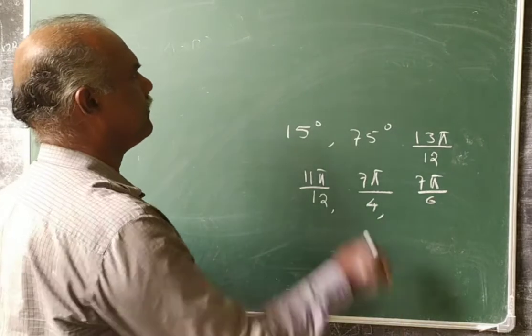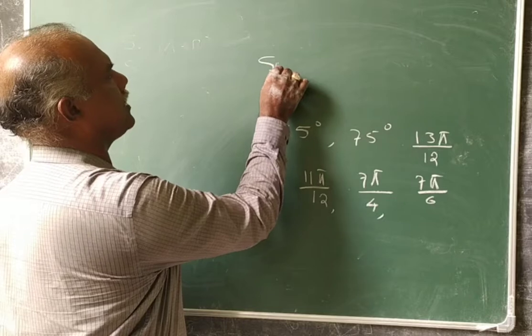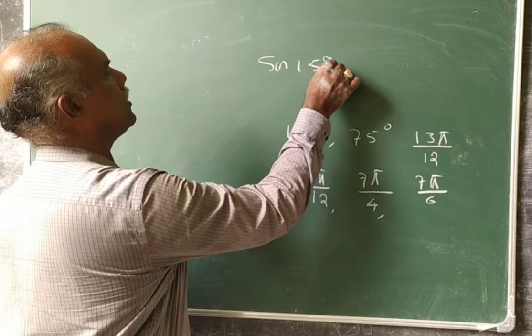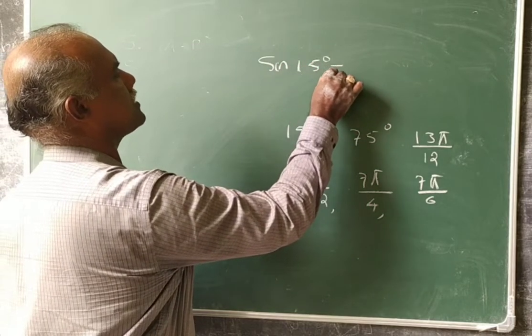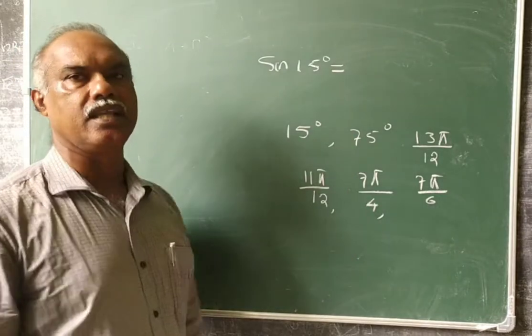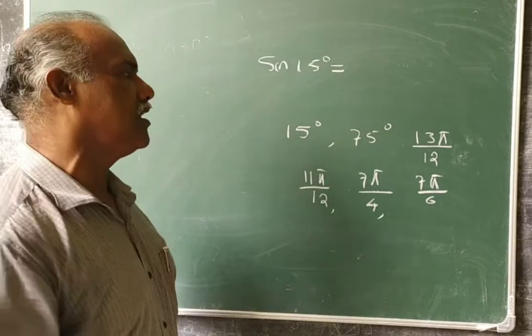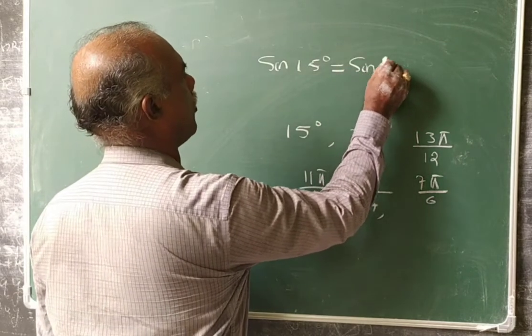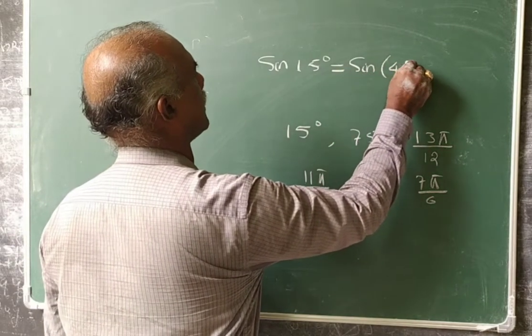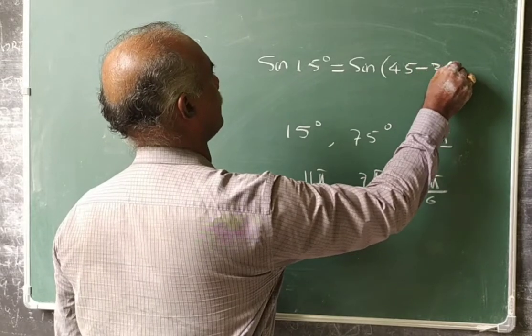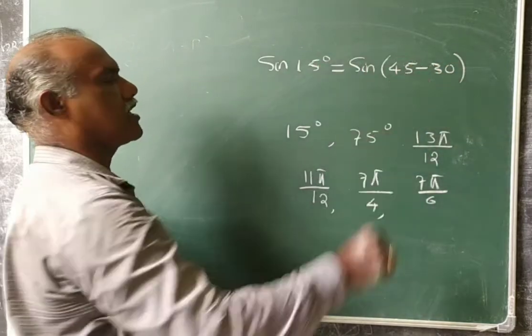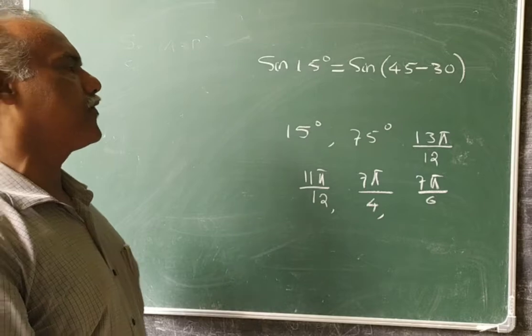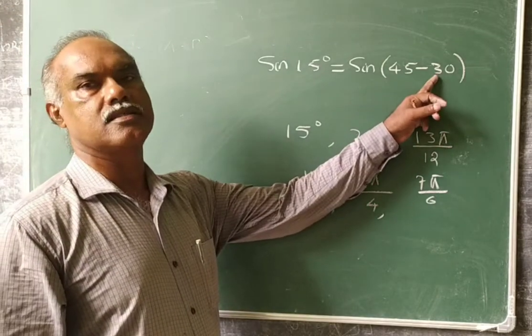For example, to find sin 15 degrees, 15 degrees is not a standard angle, so we take this 15 as 45 minus 30. 15 is taken as the difference of two standard angles.